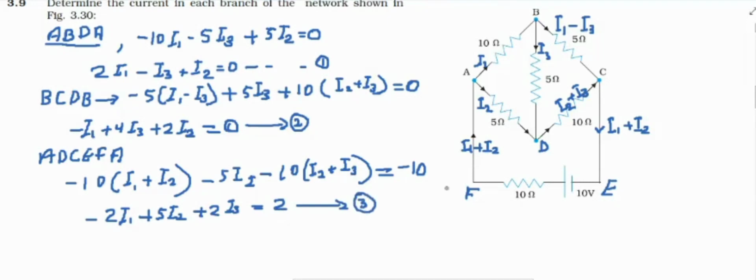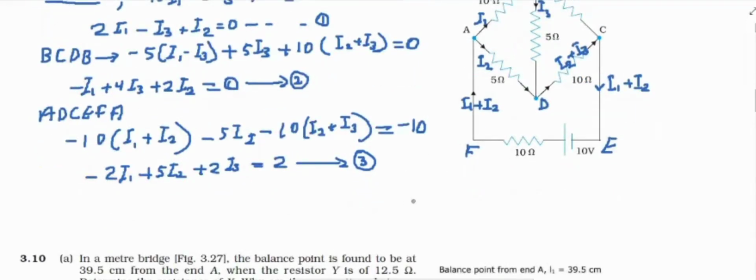So now you have got three equations. It is up to you how to solve these equations. You have to take equations 1, 2, and 3 and solve. One of the methods you can follow is this: multiply equation 2 by minus 2, then add it with equation 1.